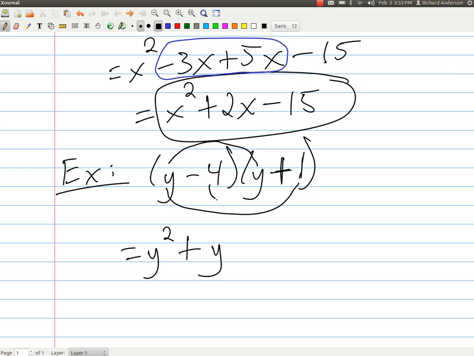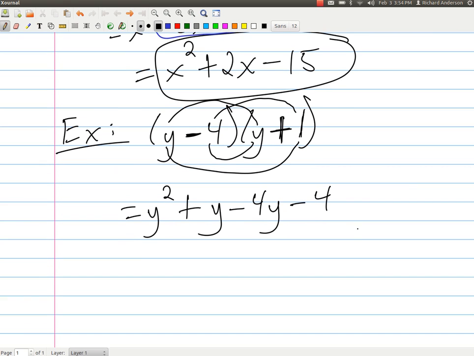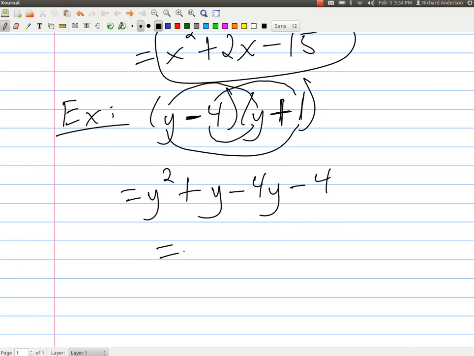Then on my inside, I have negative 4 times positive y, so that's going to give me minus 4y. And lastly, I multiply negative 4 times positive 1 right here, and that's going to give me minus 4. A negative times a positive is going to be a negative, although I'm sure most of us are aware of that fact.